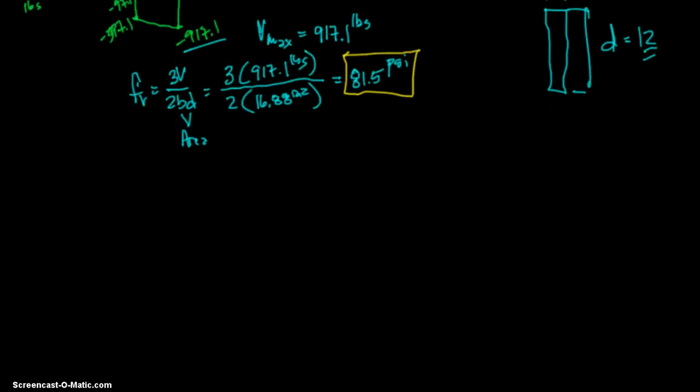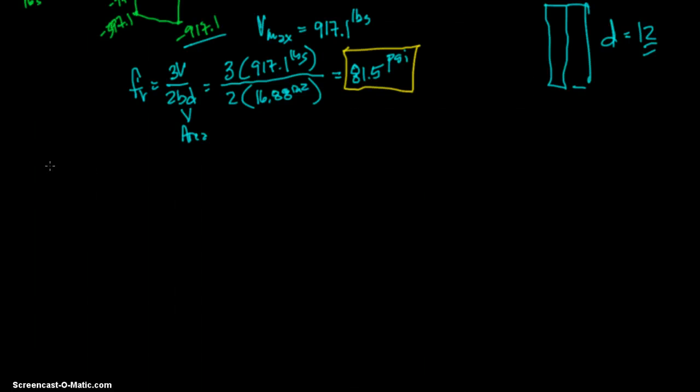Alright, so we'll take this information, which is your stress and shear. Your shear stress equals 81.5 psi, and then your stress from bending, we take it from the last one, is 1170 psi.